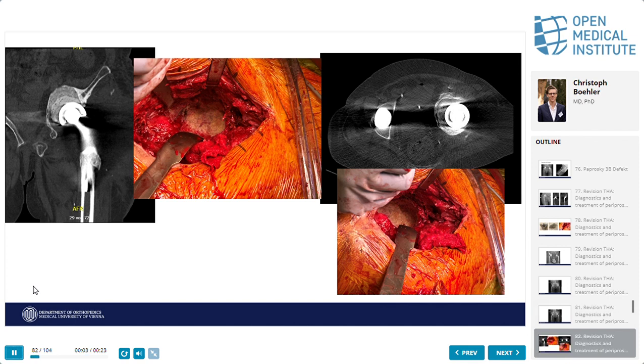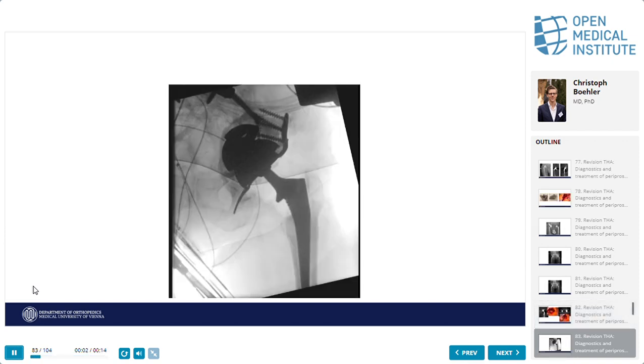So this is the structure, the allograft, so the dead bone with additional vancomycin, the cement layer, and here you see how it's integrated. So this was stable, and this is the reconstruction. So up there is the bone. Then here 2 augments, another cup, cage, and then cemented in a bipolar cup.